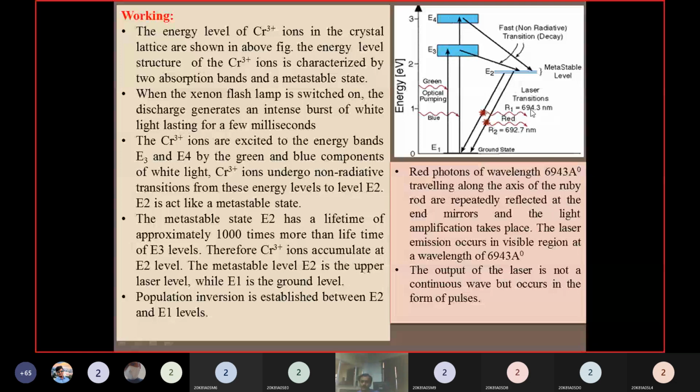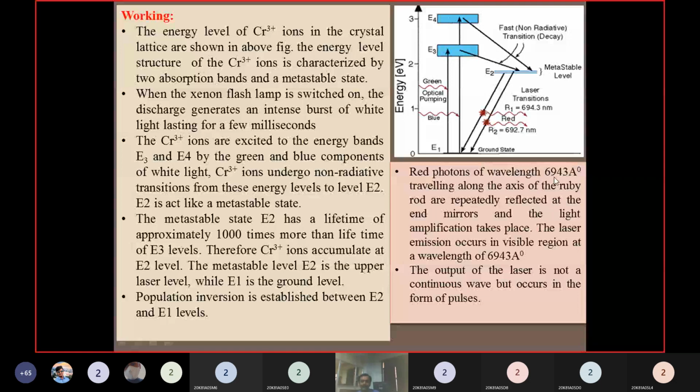Red photons of wavelength 6943 angstroms traveling along the axis of the ruby rod are repeatedly reflected at the end mirrors, and light amplification takes place.